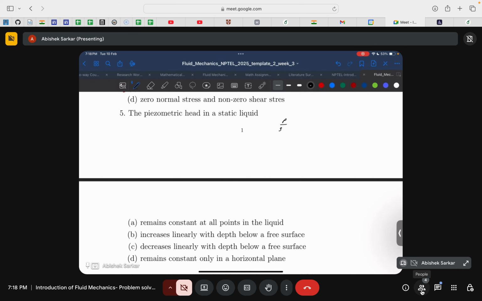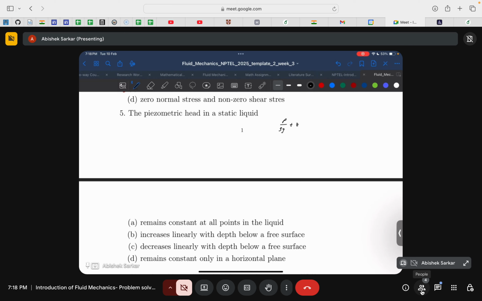given by P divided by rho g. I'll also tell why it is called head. Plus your potential energy head, which is Z in this case. So why is it called head? Because it basically gives you a unit in terms of height.